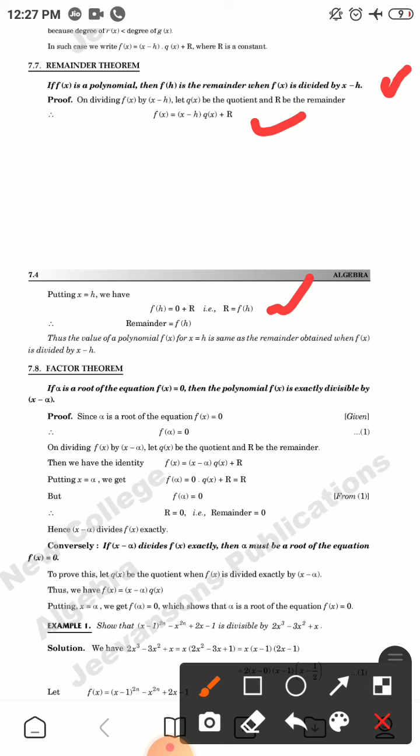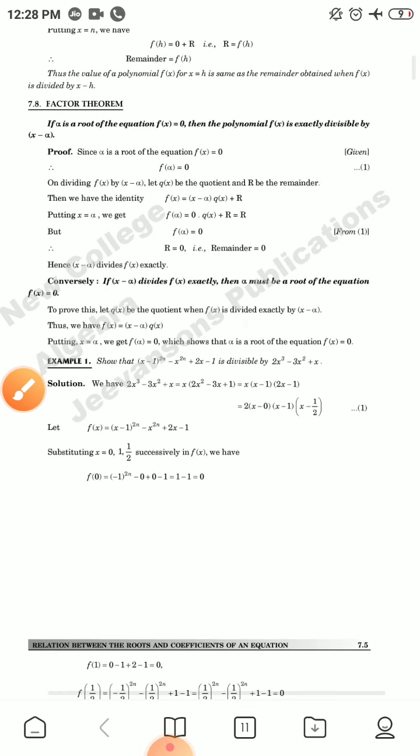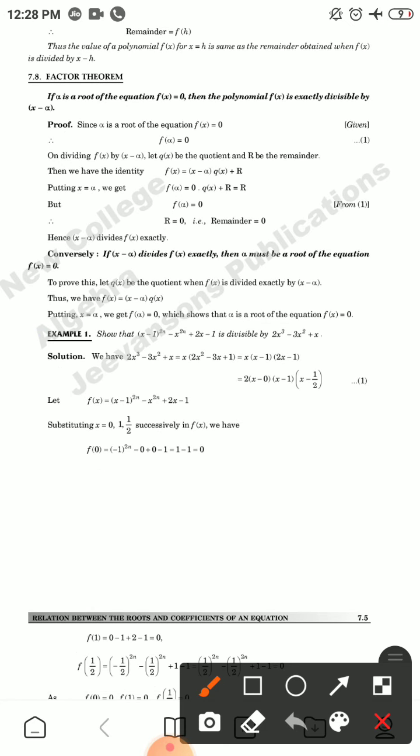Next is the factor theorem. If alpha is a root of the equation f(x) = 0, then the polynomial f(x) is exactly divisible by x - alpha. Since alpha is a root of the equation f(x) = 0, therefore f(alpha) = 0.